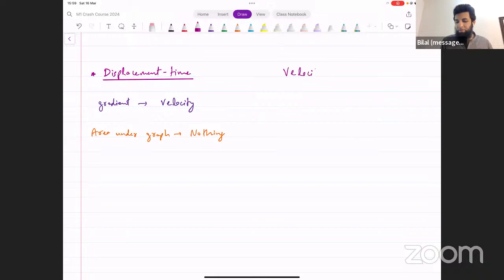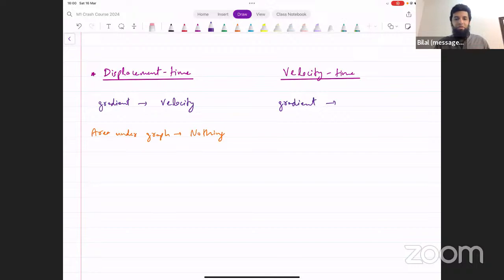Now, what about the velocity time graph? In the velocity time graph, we have velocity on the vertical axis and time on the horizontal axis, right? So what is the gradient going to represent here? Gradient is going to represent rate of change of velocity. How much is velocity changing every second?